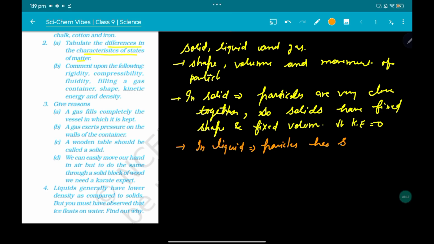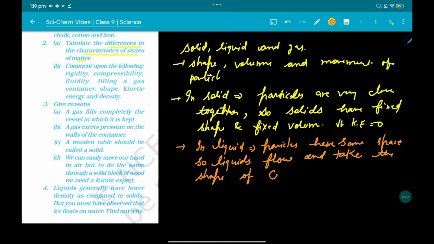So liquids flow and take the shape of the container, but the volume remains the same or fixed.